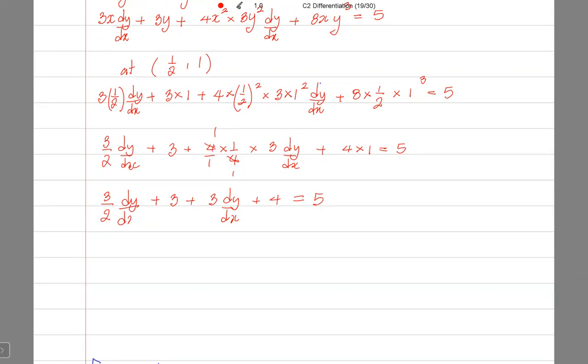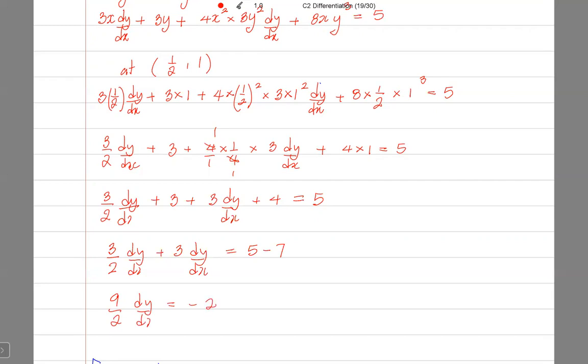Positive 7 goes over and becomes negative. So now I have 3 over 2 dy by dx plus 3 dy by dx is equal to 5 minus 7. 3 over 2 is 1.5. 1.5 plus 3 is 4.5. So 4.5 is 9 over 2. So this is 9 over 2 dy by dx is equal to minus 2.